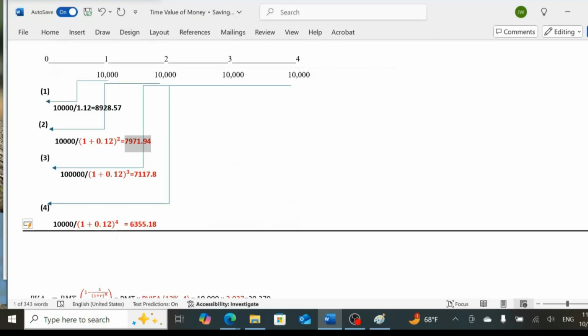Adding them together is 30,37 3.49. Let's double check.